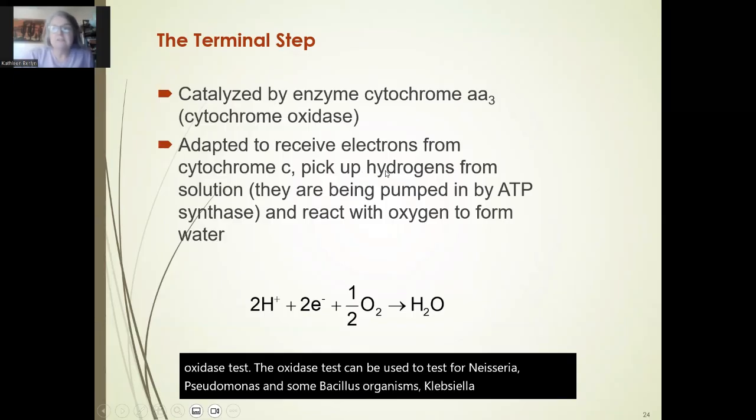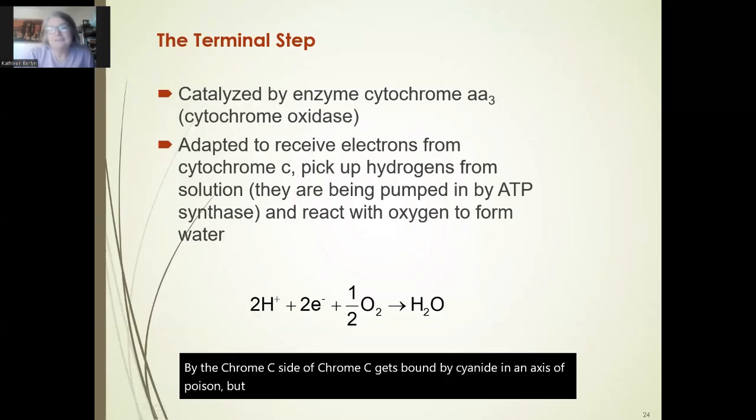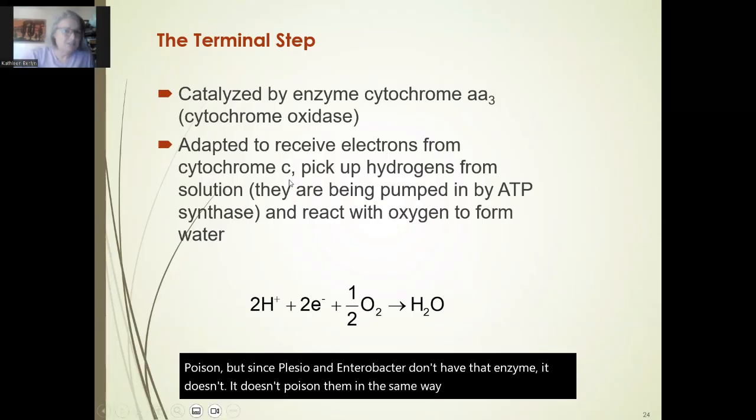Klebsiella and Enterobacter grow in the presence of cyanide because they lack cytochrome C. Cytochrome C gets bound by cyanide and it acts as a poison, but since Klebsiella and Enterobacter don't have that enzyme, it doesn't poison them in the same way. So that's another way you can differentiate and use these processes to identify bacteria.